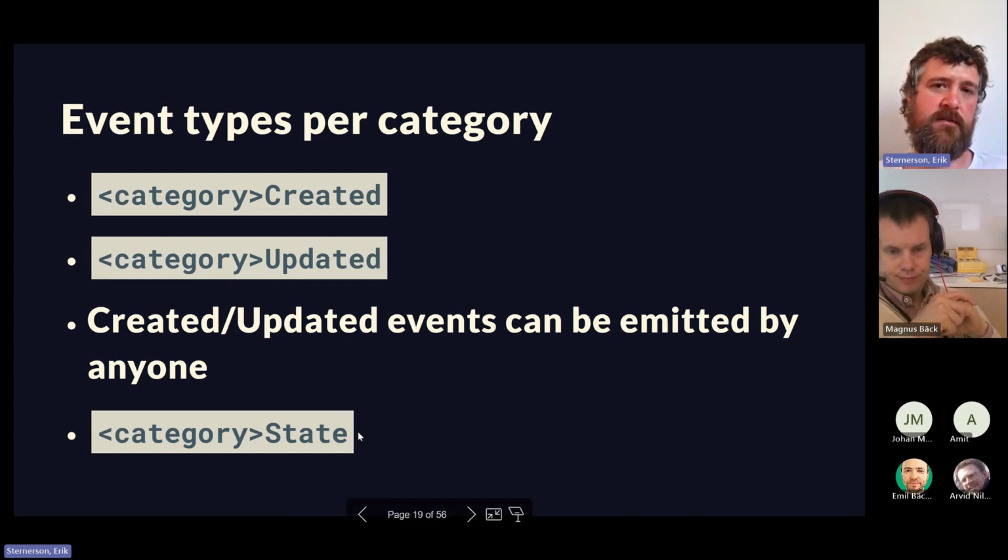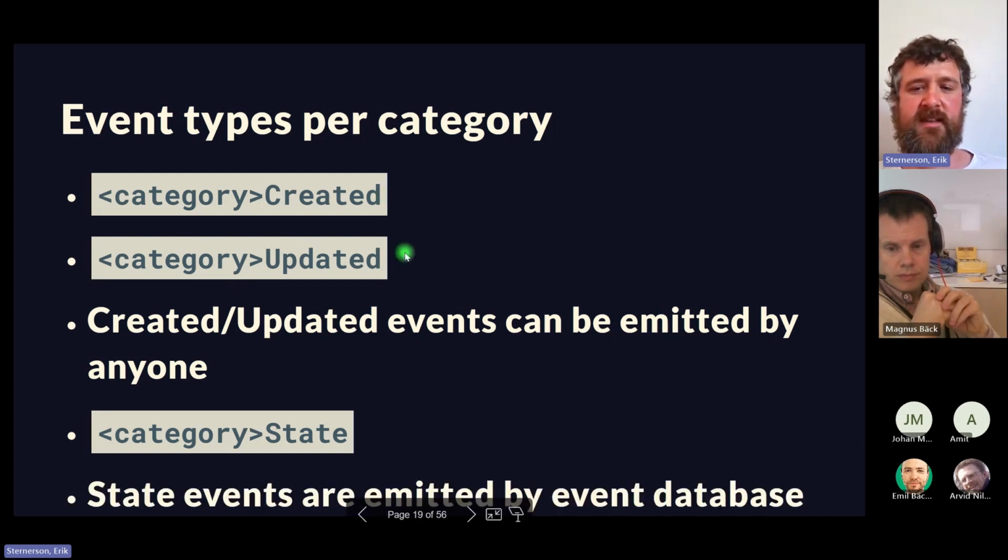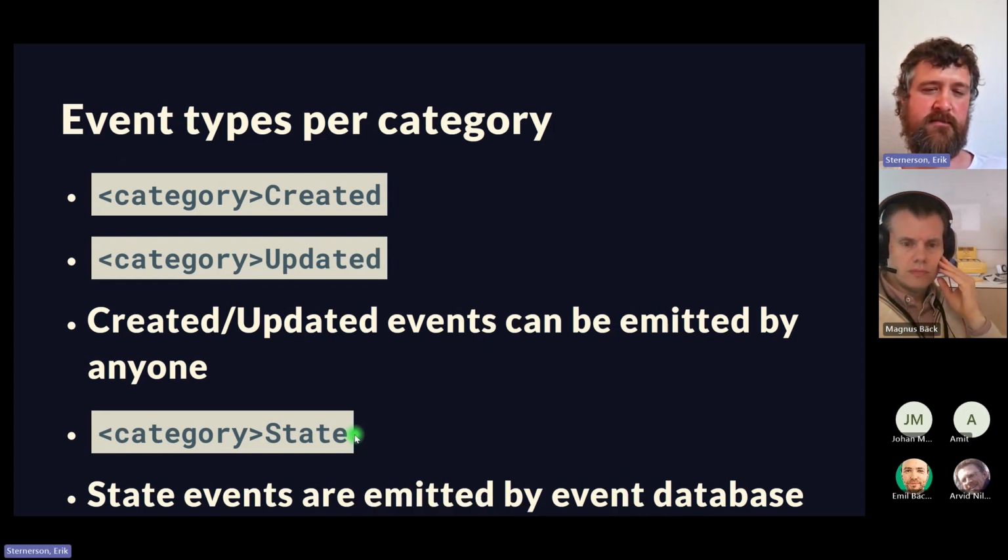So a state event is a good source for triggering stuff, because if we send a product created from our CI script, then the event database will send a product state event containing exactly the same information plus whatever stuff it automatically generated, if there is anything like that. So in some sense, it's a response to the other event types.